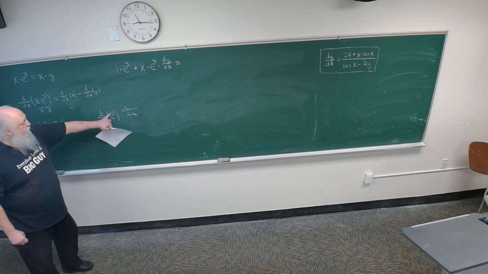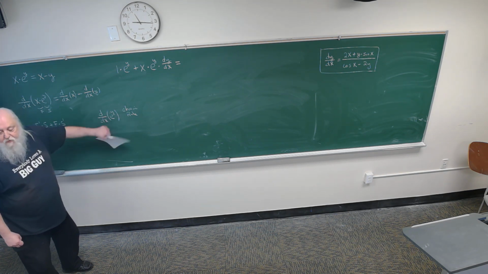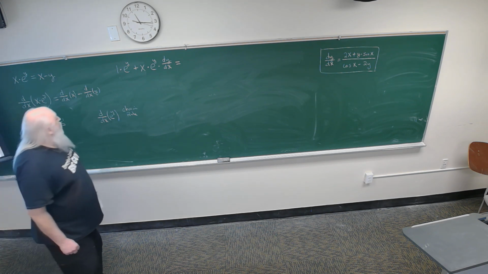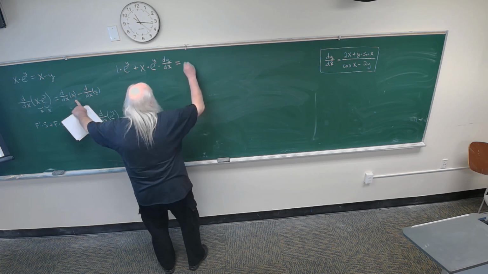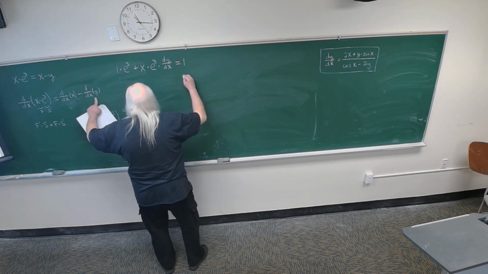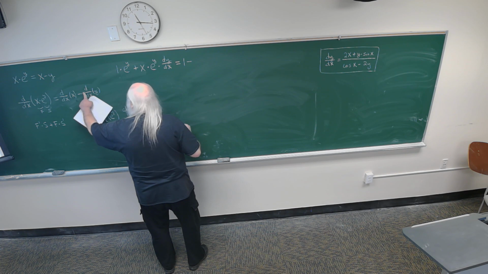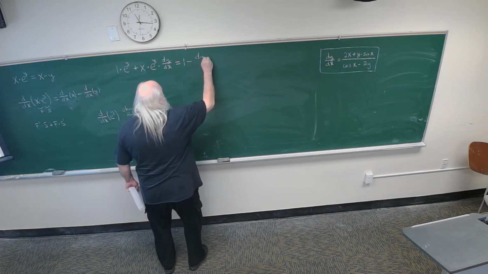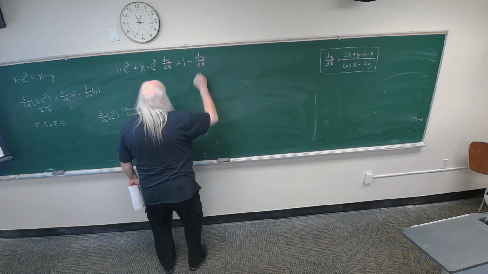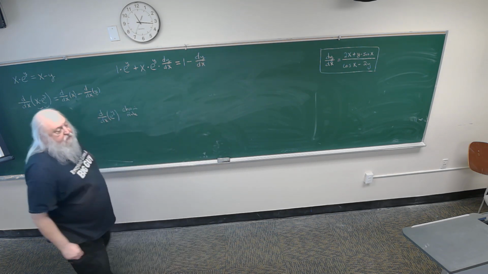The derivative of the exponent is the derivative of y with respect to x. On the right-hand side, the derivative of x with respect to x is 1, and then we subtract from that the derivative of y with respect to x, which we write as dy over dx. That's how we write the derivative of y with respect to x.